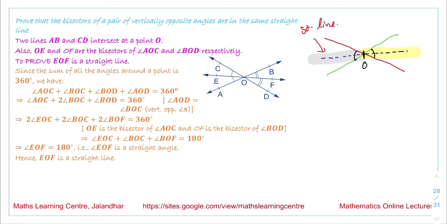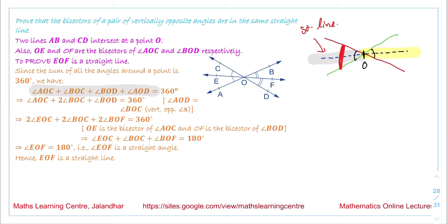So what we are going to do now is consider the sum of all these angles. Angle AOC means this complete angle.